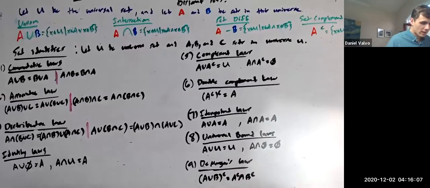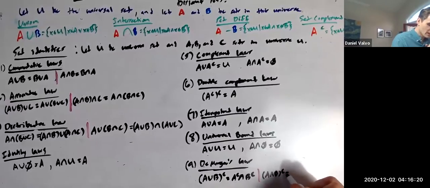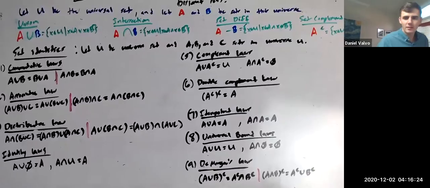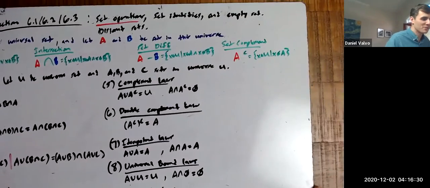And then we're also going to have that the complement of A intersect B is just going to be A complement union B complement. Just like that. We're actually going to prove that. It's going to be one of the few things we're going to actually prove this class.